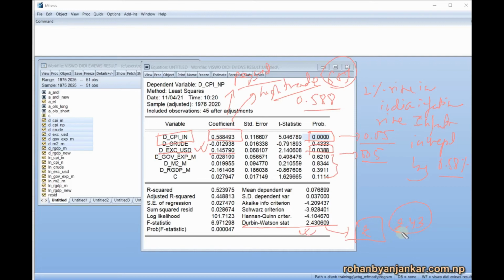So it's near to 2, but I don't think that this confirms more. If it's 2.01 or 2.002 or 2.05, then we can be sure that our model is free from autocorrelation. But in this case, it's a bit higher than just 2 or exactly 2. So we must check for the LM test for autocorrelation.